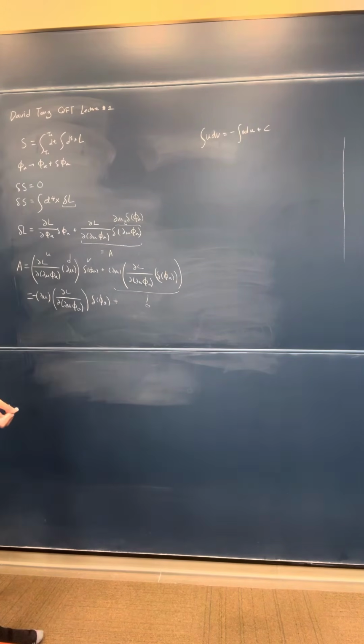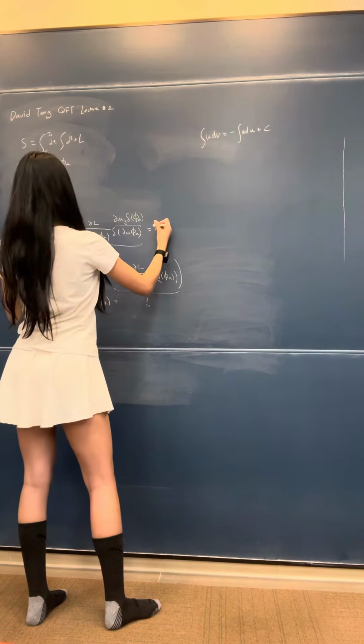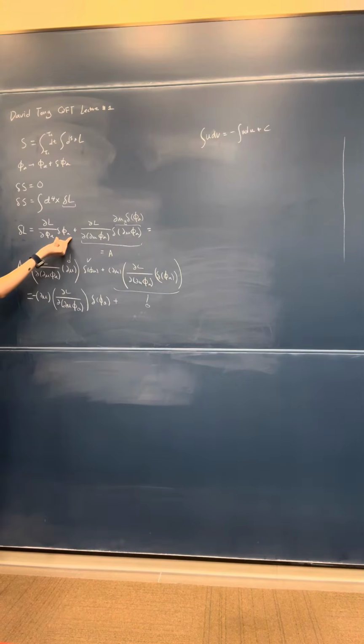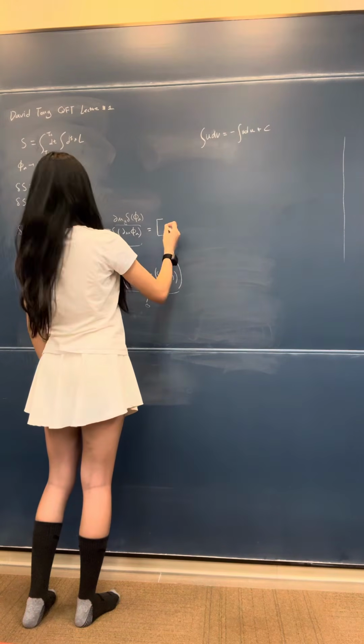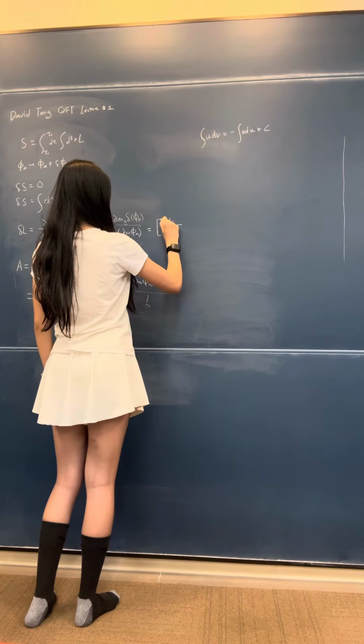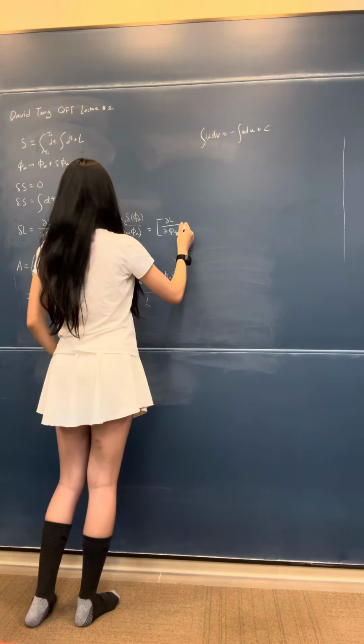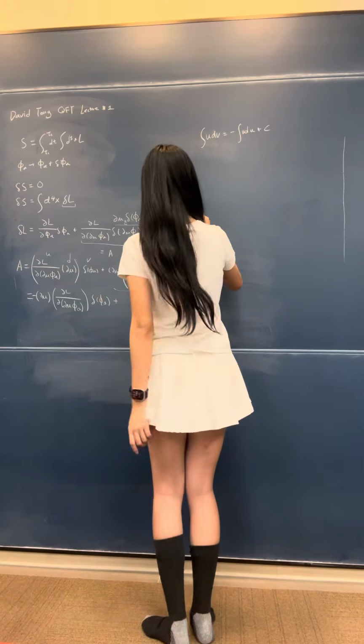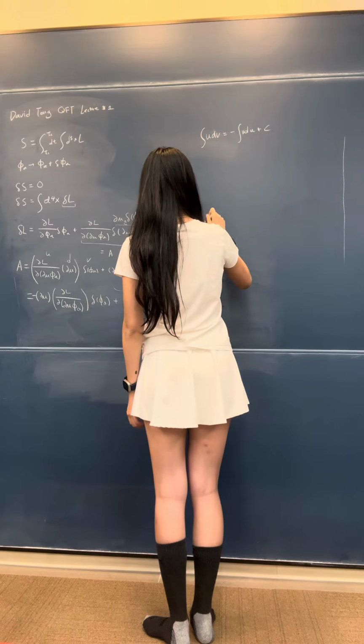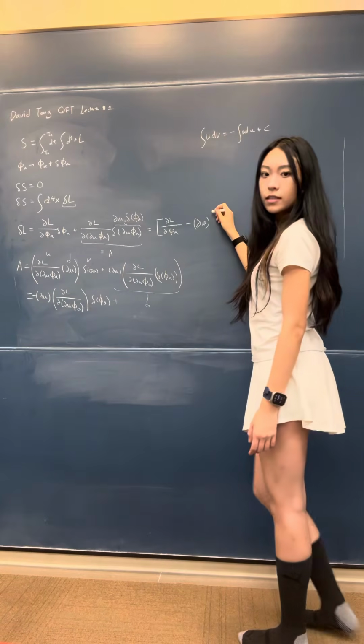And now we can rewrite this whole thing as, so we see that we can pull this term out, right? So it appears here as well, and we can put the rest together.